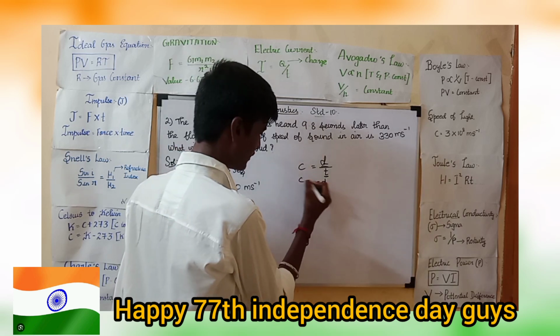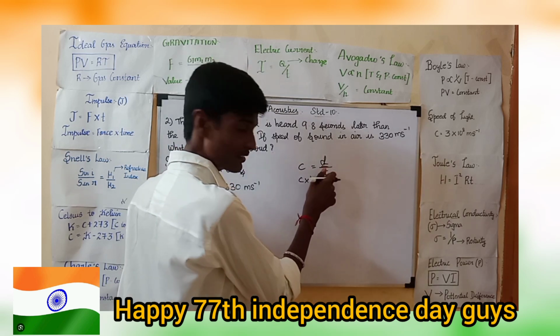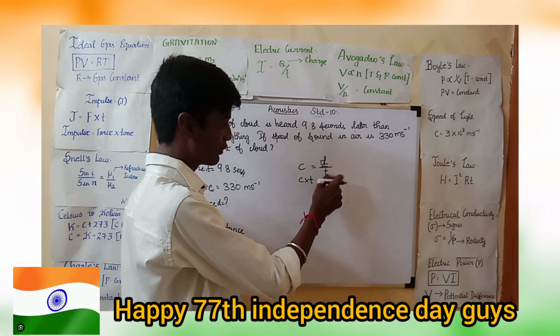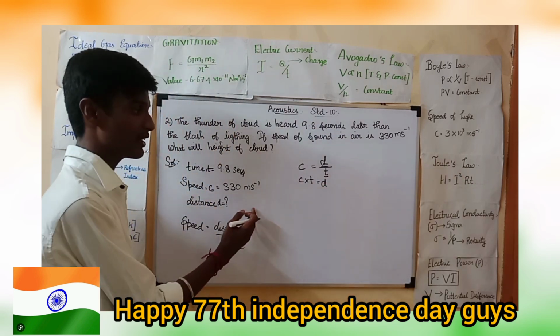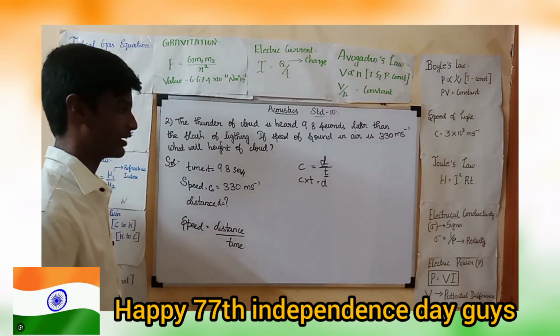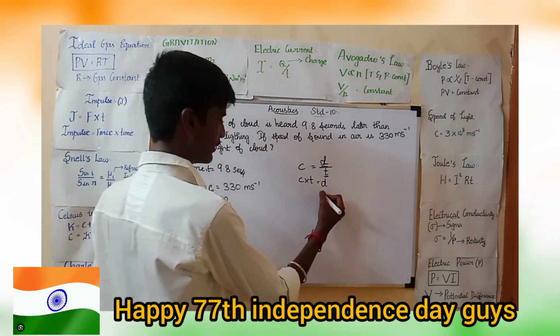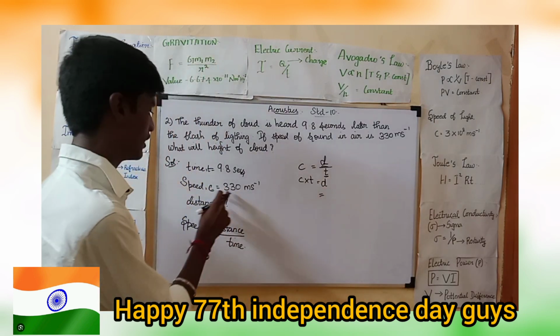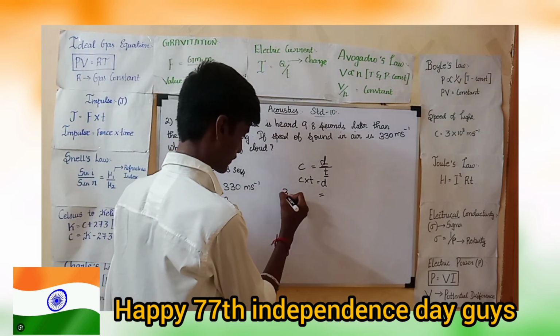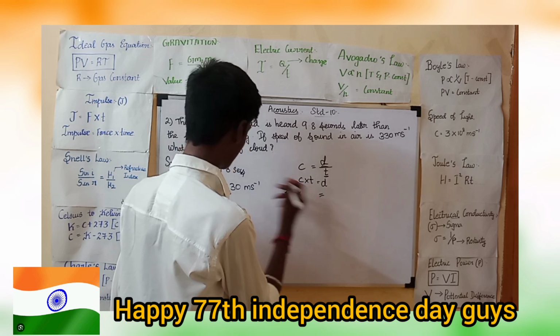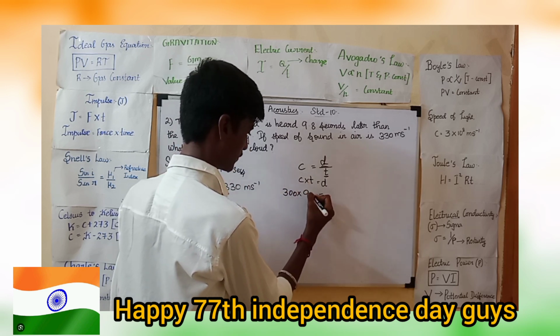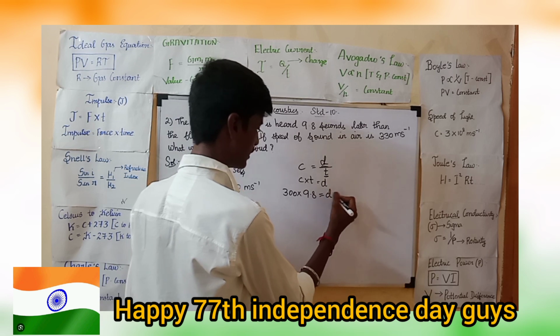Then what will happen? Division becomes multiplication: c into t equals d. We know the value of c, 330 into 9.8, which is equal to d.